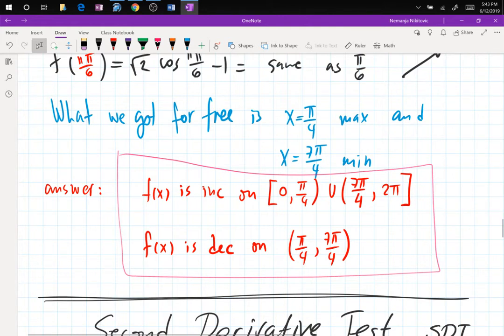Out of those 13 bullet points, about 4 will be covered by this lecture, 5 will be covered by this lecture. You will have to find the domain, x-intercept, y-intercept, all different asymptotes, first derivative, second derivative, first derivative test, second derivative test, right? So I listed already 10.